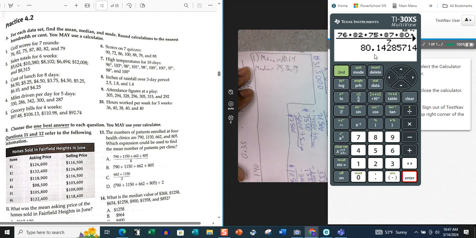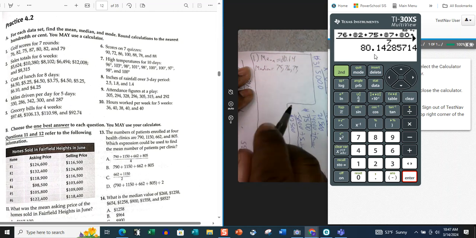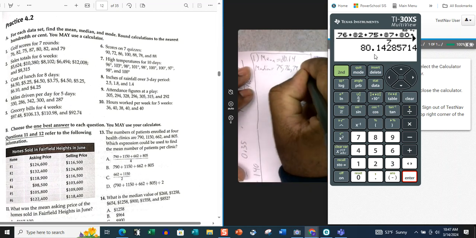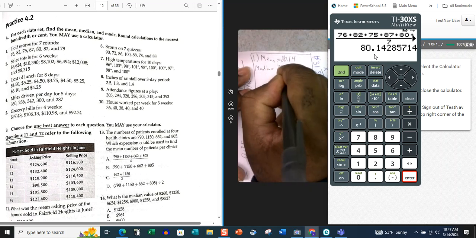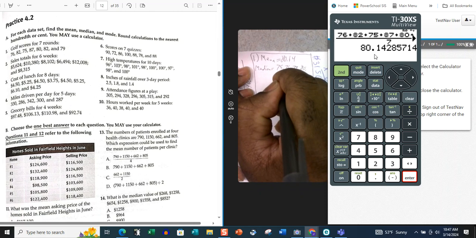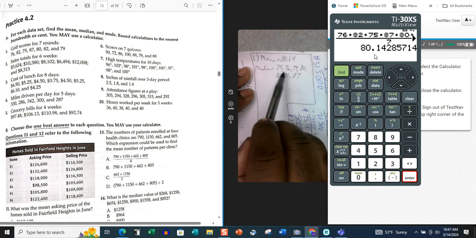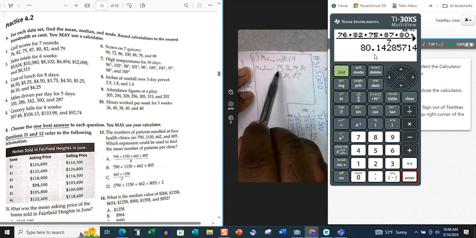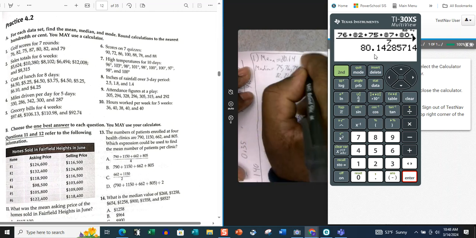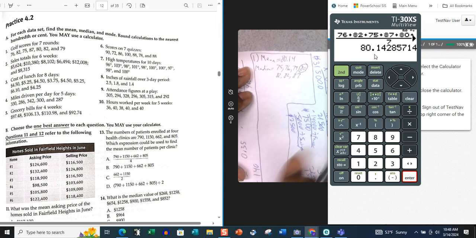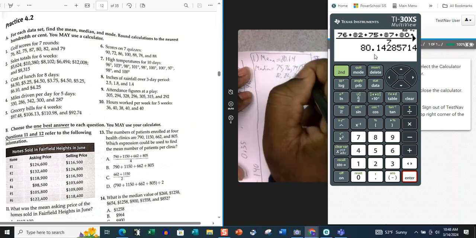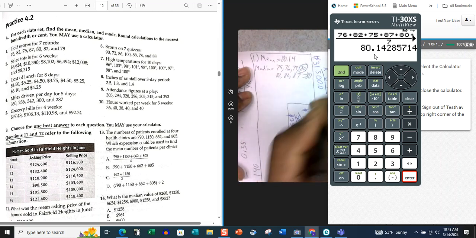So 75, 76, 79. Then we have 80. Then we have 82, 82, and 87. Okay, so now we have 7 values. So we know with 7, the middle number is the 4th number. So our answer here would be 80. So your median is 80.